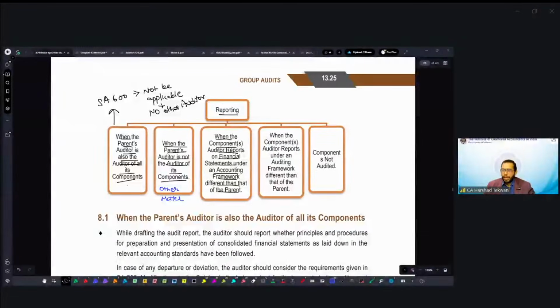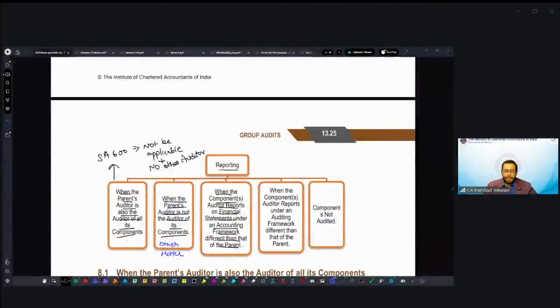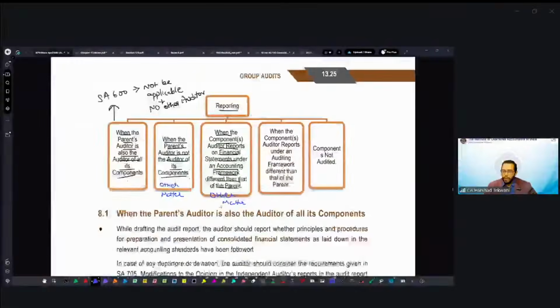Absolutely correct. To accommodate the material transactions, I need to harmonize. I need to audit those adjustments, and then bring them to uniform accounting policies. Yes, along with that, the other matter paragraph will be there. So harmonization plus other matter paragraph. We have already seen this.